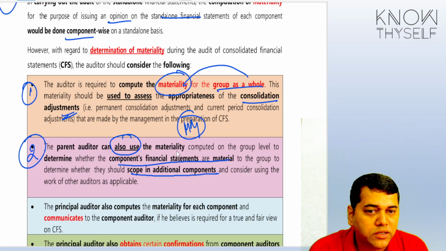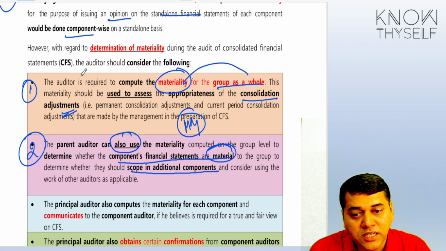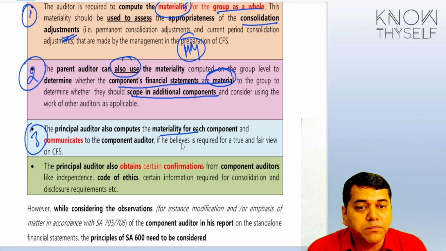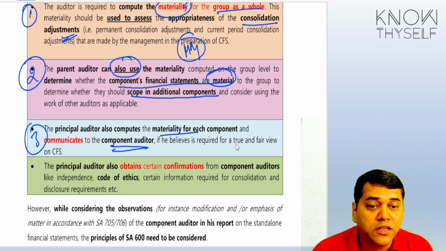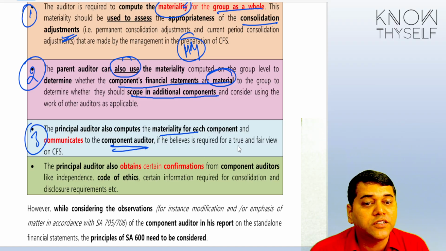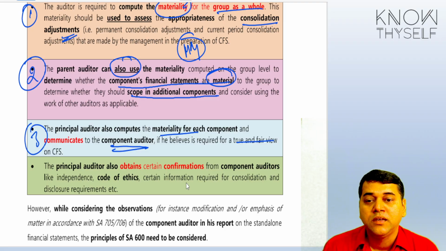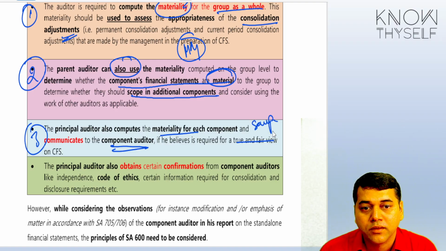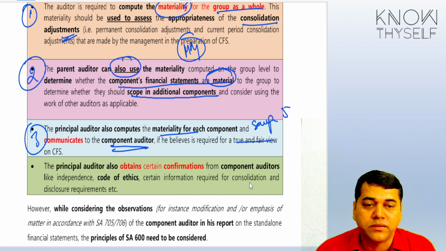The parent can also consider materiality computed to the whole, whether the component's financial statements are material to the group as a whole. Third, the principal auditor also computes materiality for each component and communicates it to the component auditors, if he believes it is required for a true and fair view of the CFS. I should tell what my group level materiality is, because when they are selecting samples, they might have taken only 5 samples.